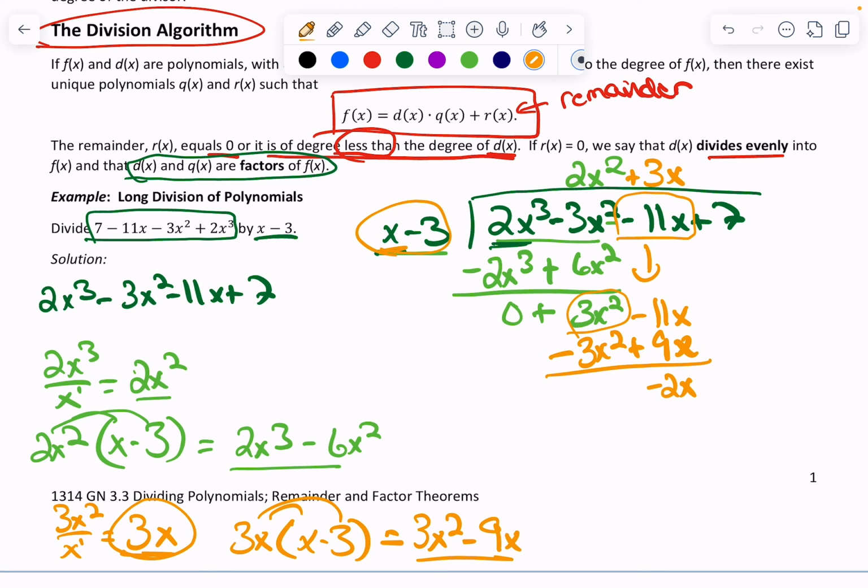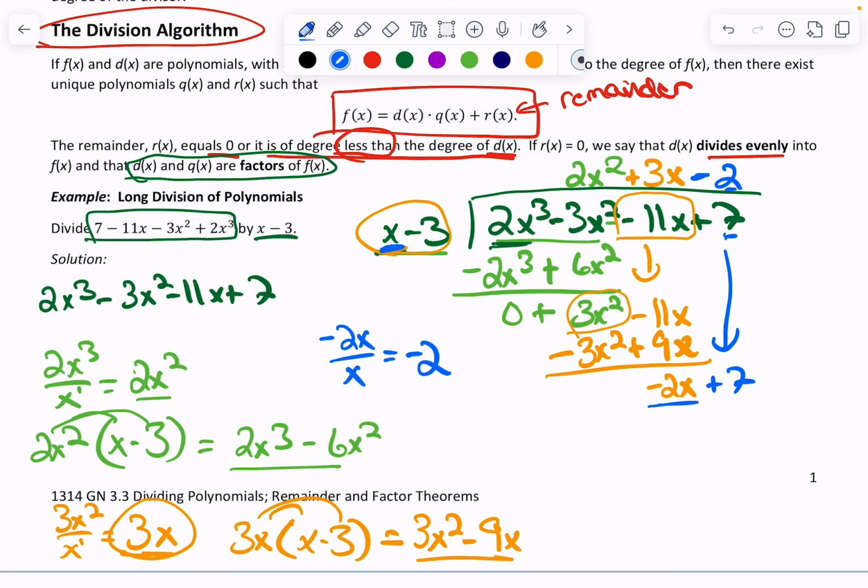We are bringing the 7 down, and now we're going to look at negative 2x divided by the x here. That is negative 2. So the negative 2 goes up here, and notice again, we have a 7 here and a negative 2, so they don't have x's. So like terms are aligned.